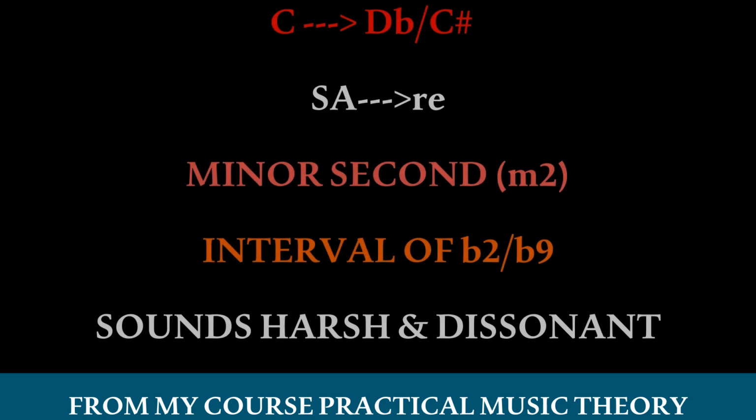Now we'll be looking at the minor intervals, and this is very easy to understand now that you already know the names of the major intervals. So you know that the interval between the C and the D note is the major second. So the interval between the C and the D flat, or the C sharp, or the Sa and the Komal Re, is known as the minor second.